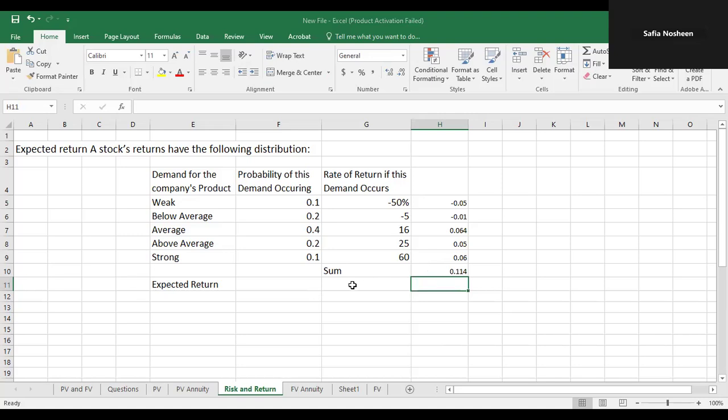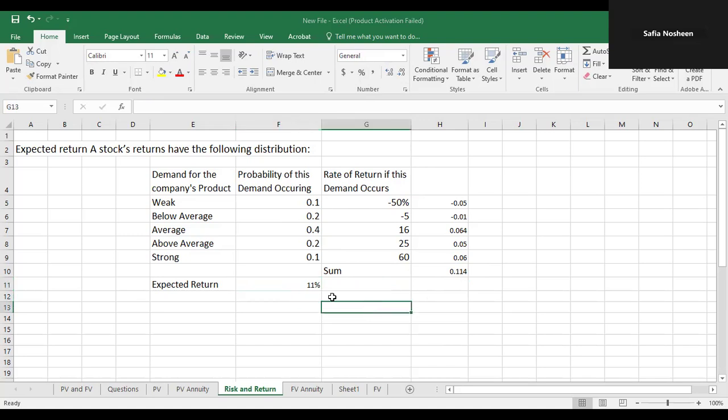The expected return, we can write it in percentage, 11%. So there is an expectation of having an 11% rate of return according to the demand of the project.